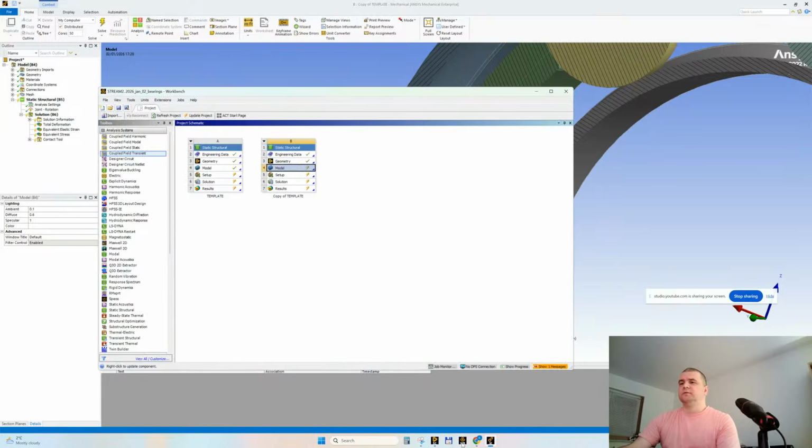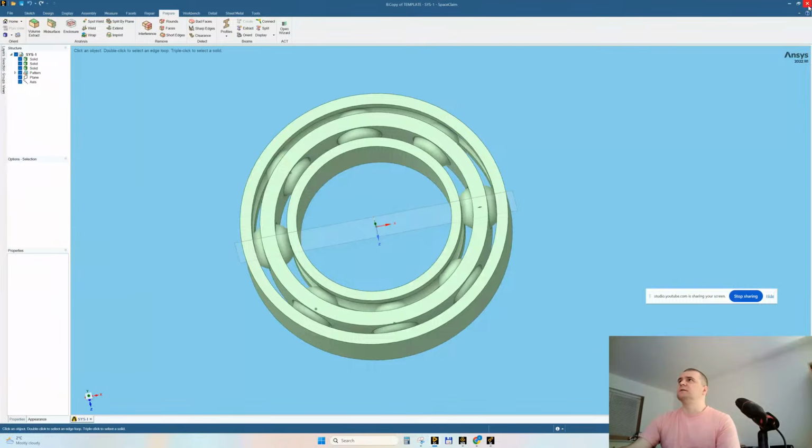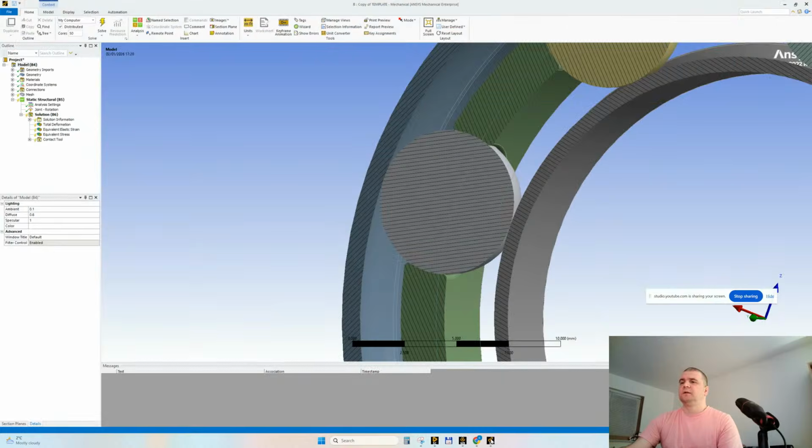Yes, you've seen how fast it loaded. So it does not change anything above contacts.